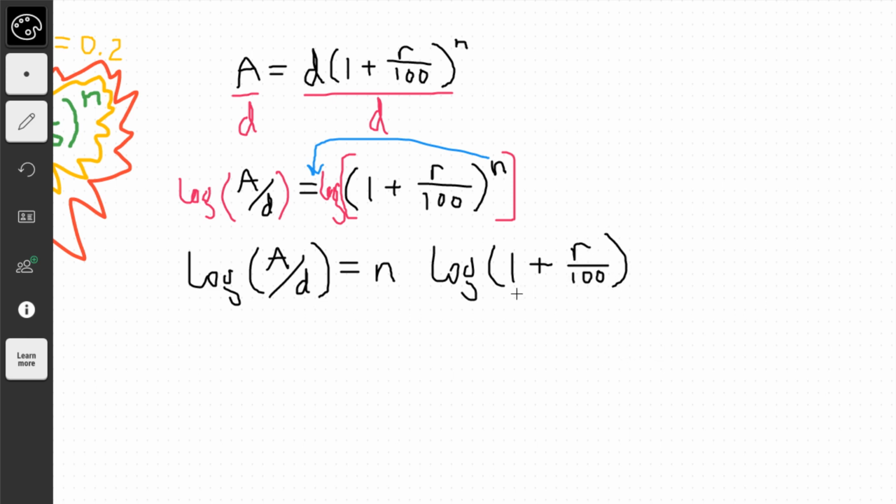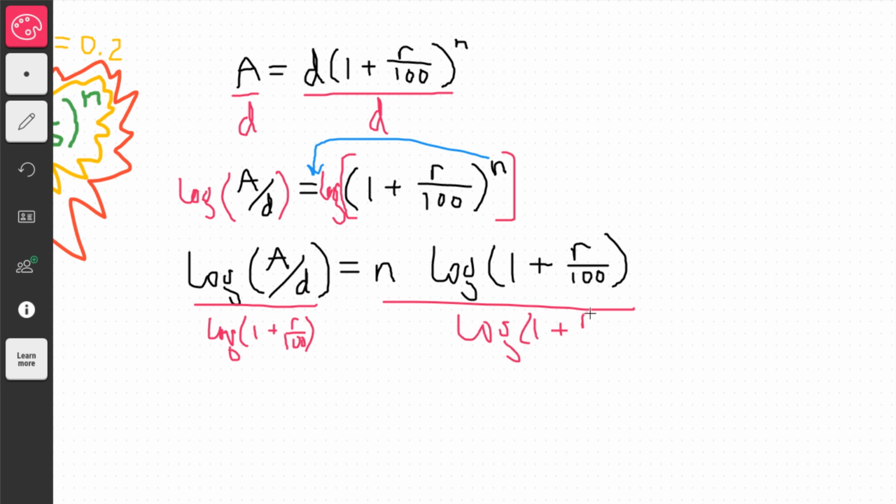Now if I want to solve for n, all I have to do is divide both sides by log of 1 plus r over 100, and there we go.